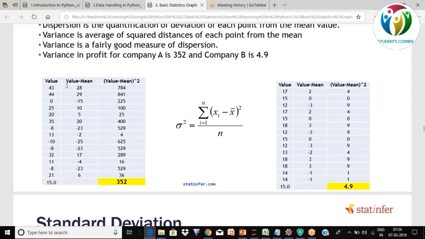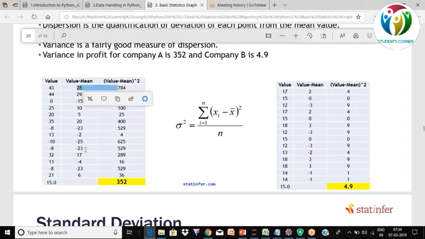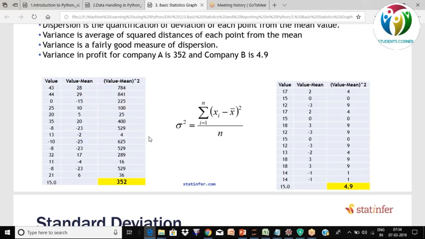Whatever value you have, minus the mean of that column, that is what this column is. And then this column is just the square of these values. Got it, Pooja? Yes, got it.